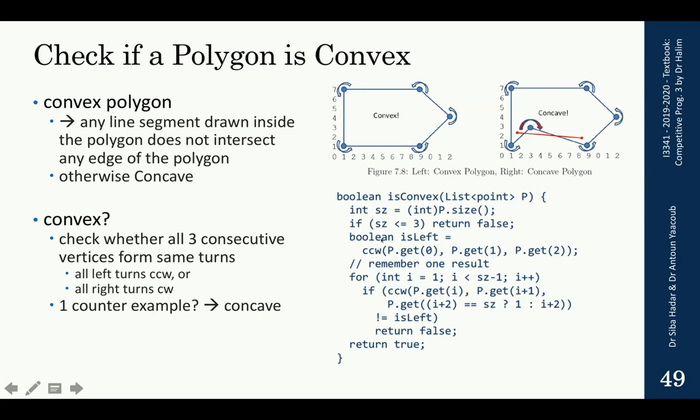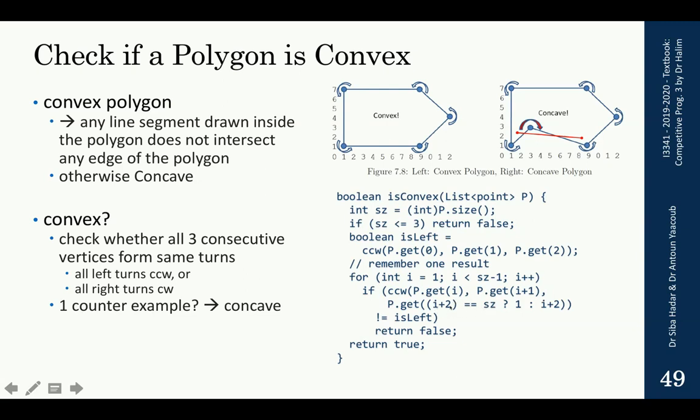No problem, but I want to remember this value, and the first returned value must be equal to all the CCW answers for the next 3 consecutive points in turn. So I remember the first value, and I loop to see the triplets of points. Of course, here I am doing i plus 2, and this is why I have to check for the modulo.